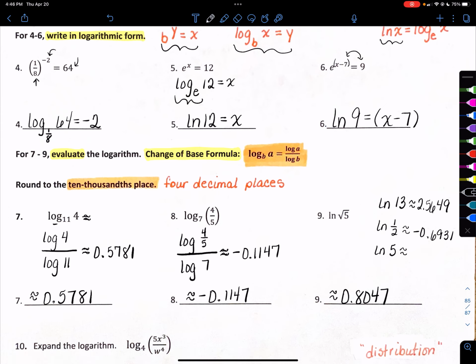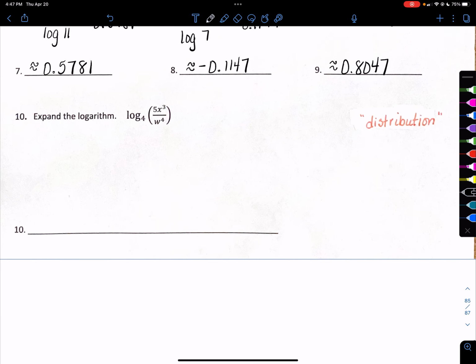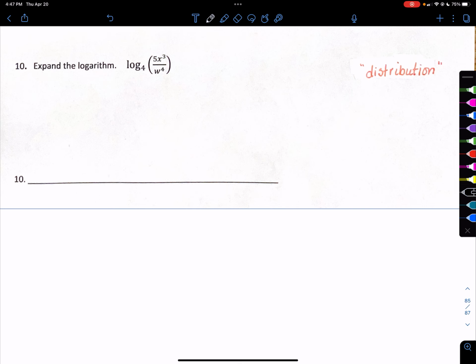All right, so let's go on to number 10 on this one. We are going to be expanding. Now, when we were talking about expanding, we referred to it like, hey, this is similar to distribution. Okay, I need to know how many terms are inside this argument here, and then know that I'm going to have each of them with the beginning of log base 4.